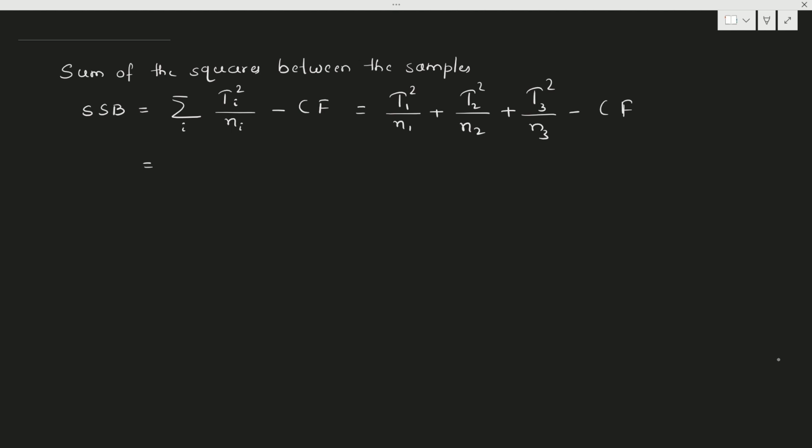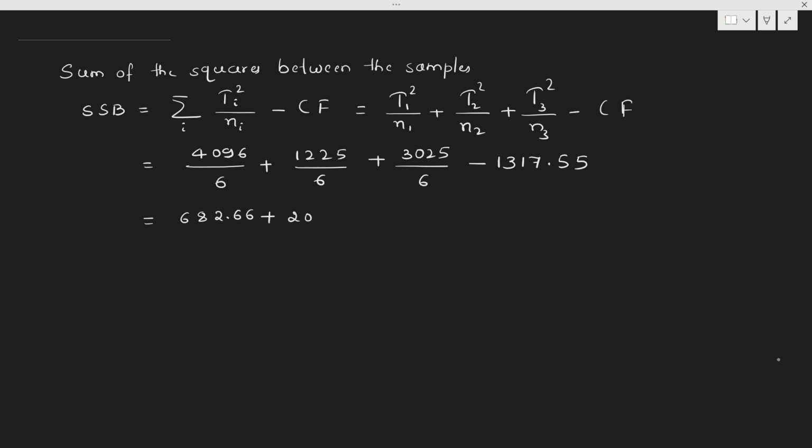Now T1 square is 4096 divided by 6, plus 1225 by 6, plus 3025 divided by 6, minus the correction factor 1317.55. When you divide this, you will get 682.66 plus 204.16 plus 504.166 minus 1317.55.